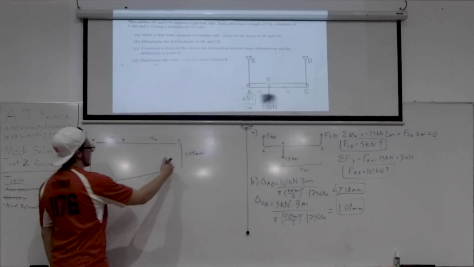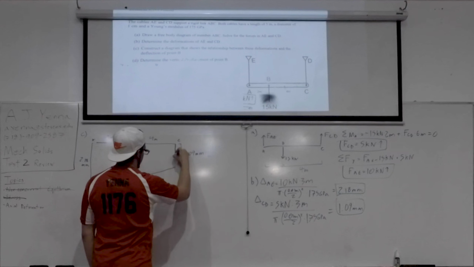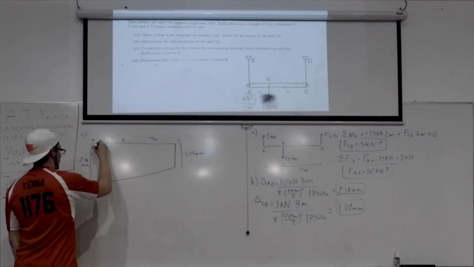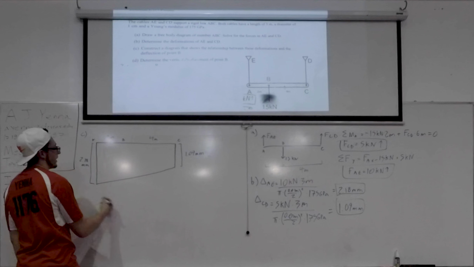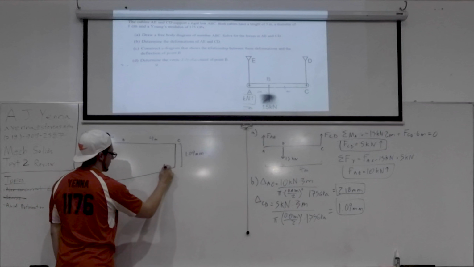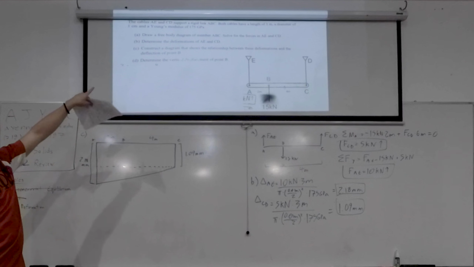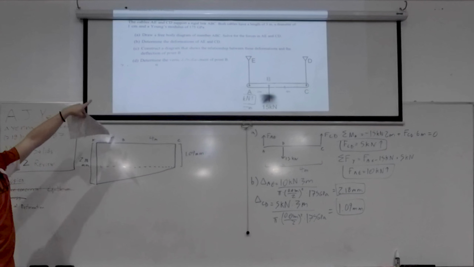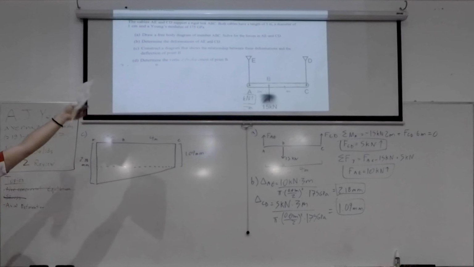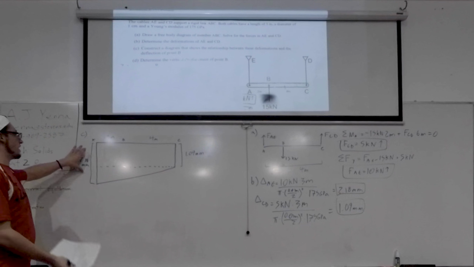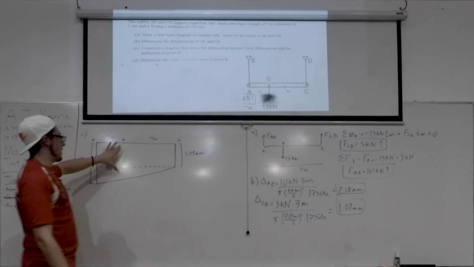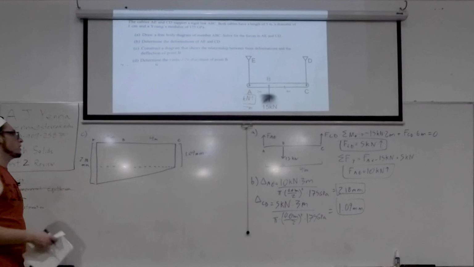So now you have those lengths. What I'll do now is make a triangle here. Because what it's asking for is the deflection in B, and when you get to part D, it wants you to actually calculate how far B moved. We know how far A moved, we know how far C moved, but now we get to find B, which is somewhere in the middle.